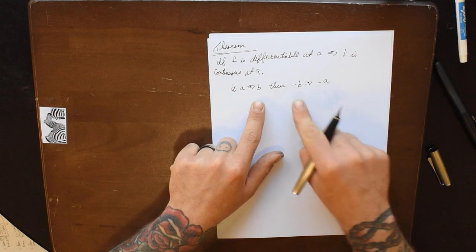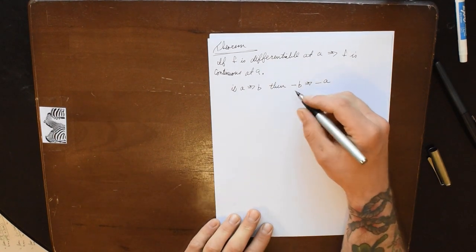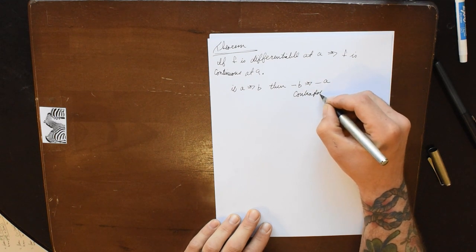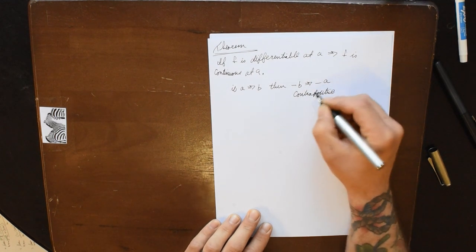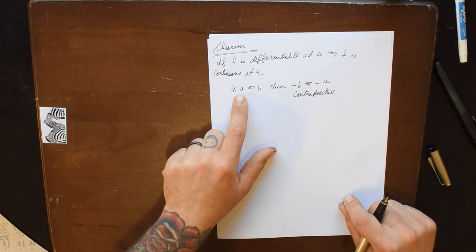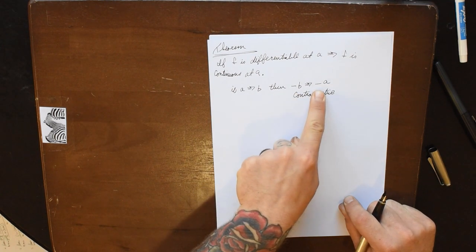If A implies B, then not B implies not A. This is called the contrapositive. It's kind of like, if I drive, I buy gas. If I don't buy gas, then I don't drive.